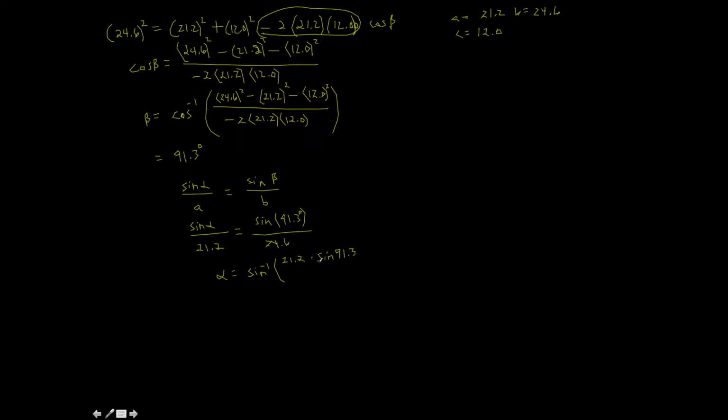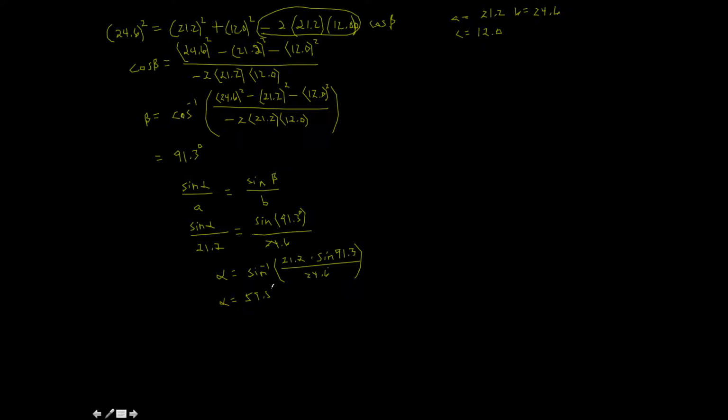This is the law of sines. We're just cross multiplying and dividing to get sine alpha by itself, and then we took the inverse sine to get alpha. Hopefully that's familiar to you at this point. So that's going to give you alpha to be 59.5.